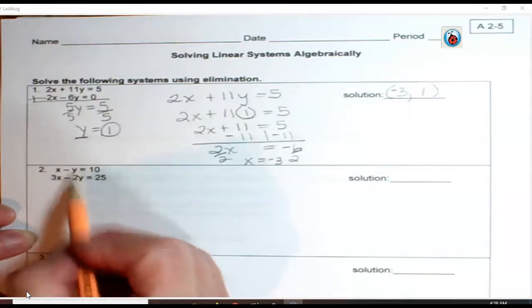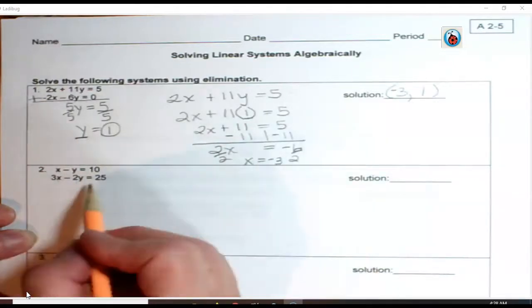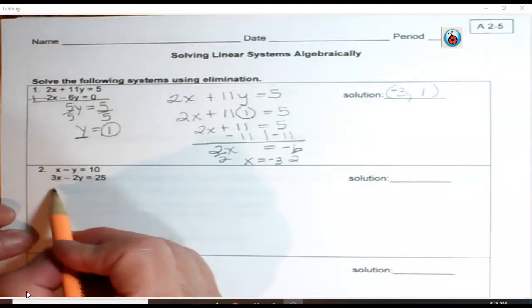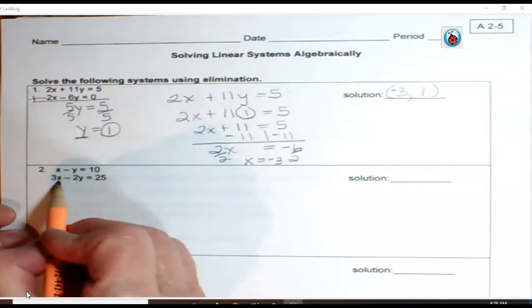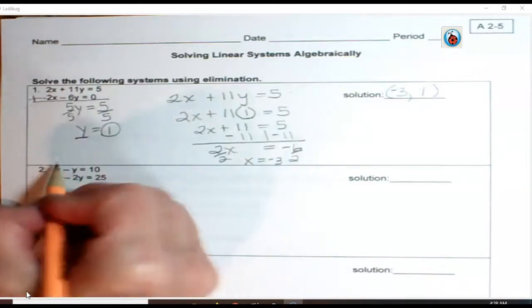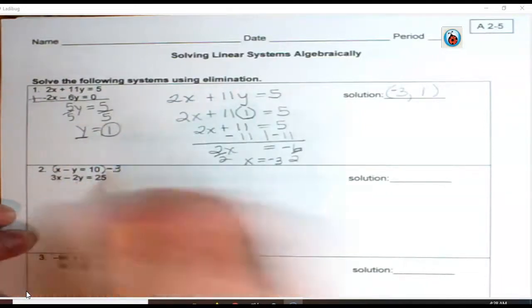Well, let's see. No, yeah, so I wouldn't be able to get rid of either one of those. So I've got to see what can I multiply. Well, if I want to get rid of my x's, I've got to multiply the top one by a negative 3. Okay, so I'm going to multiply this whole thing by a negative 3.